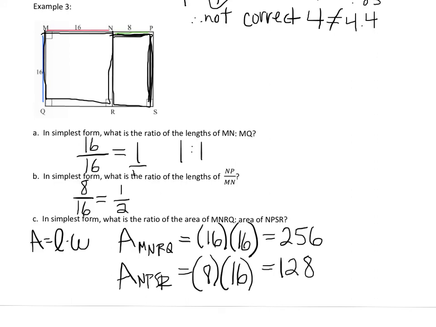So our ratio would be 256/128, which we can actually simplify to be 2/1. And once again, we can also write it as 2:1 or write it in words of 2:1. So that means that the area for MNRQ is twice as big as the area of NPSR.